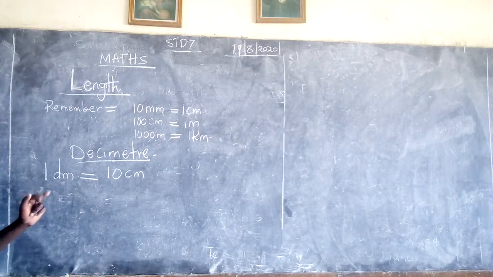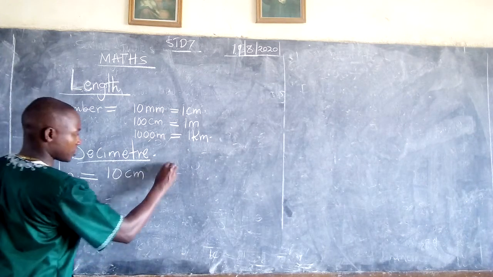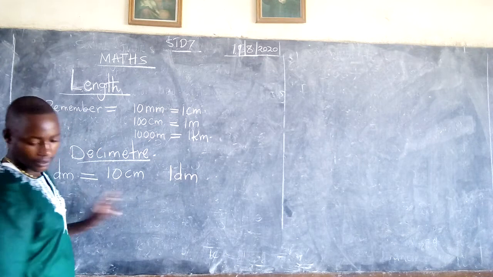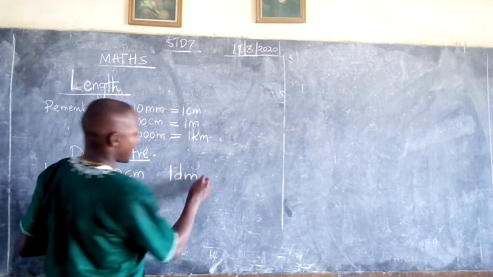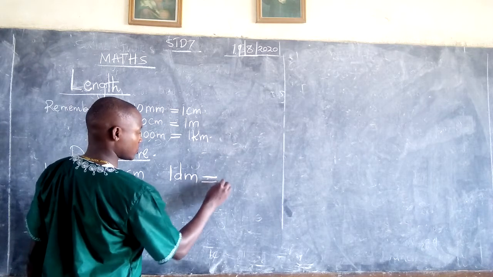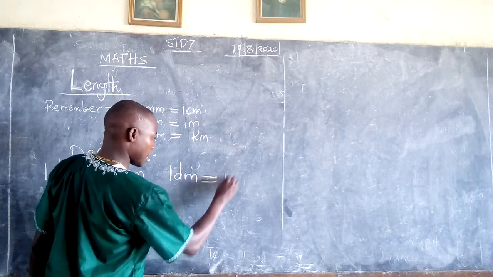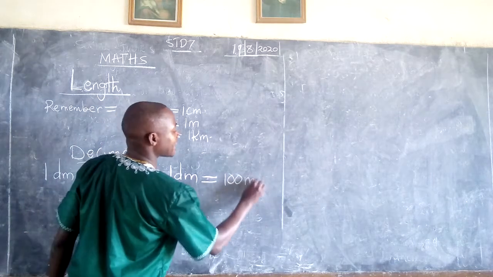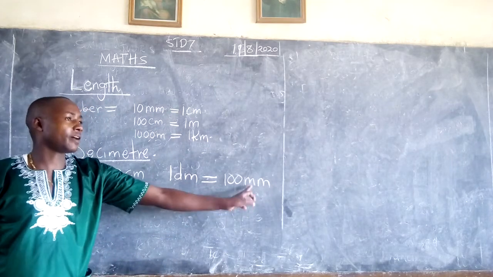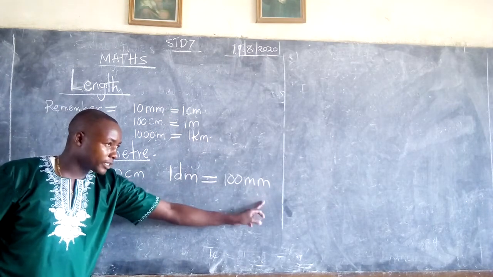Again, 1 decimeter is equal to how many millimeters? 100 millimeters. Mm means millimeters.